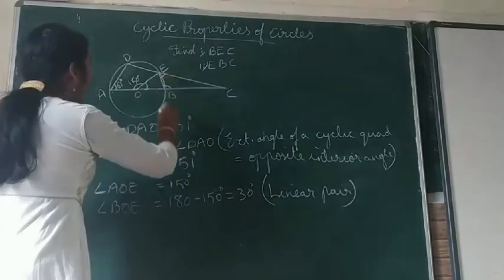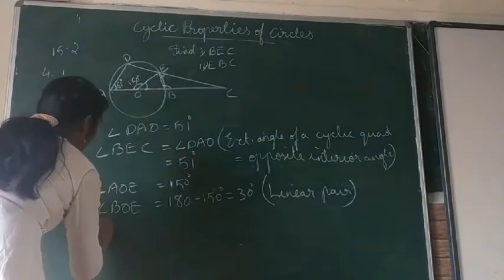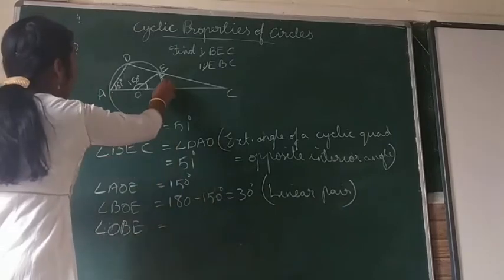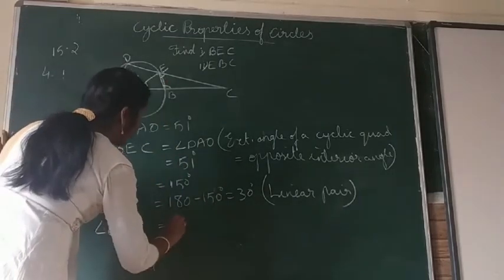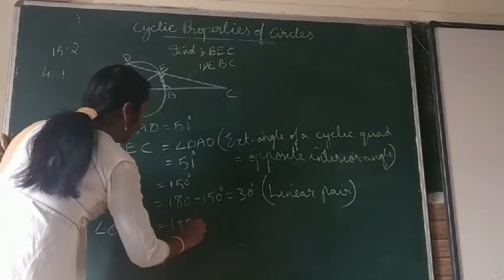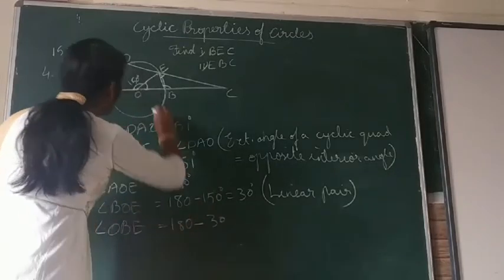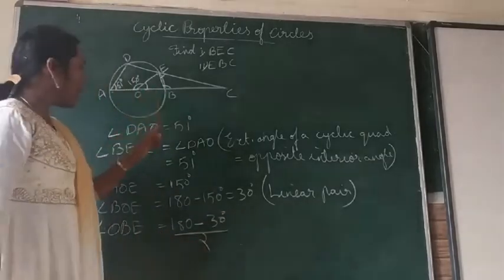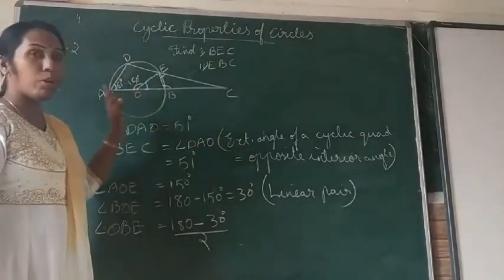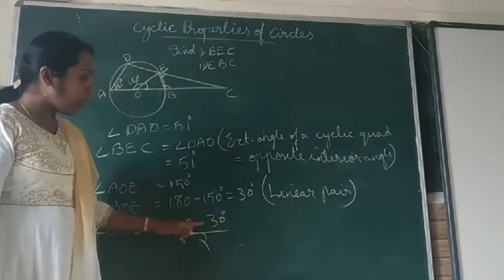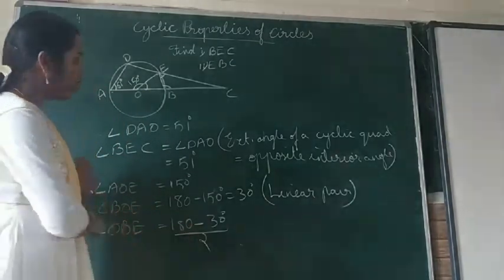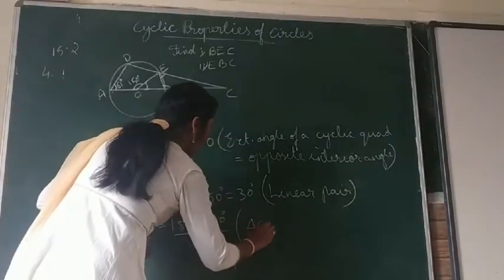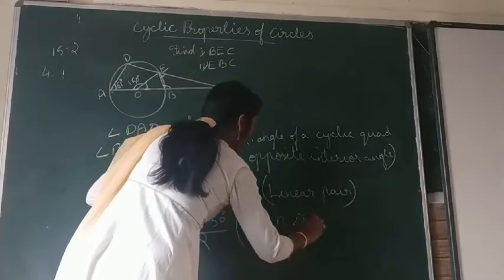That means angle OBE is equal to 180 minus 30 degrees, divided by 2. Because each equal angle of an isosceles triangle can be obtained by this formula: 180 minus the vertical angle, divided by 2. So, the reason we can write is triangle OEB is isosceles.